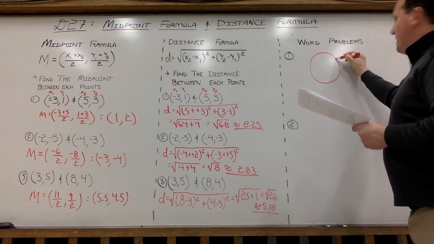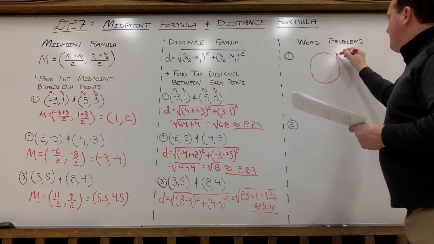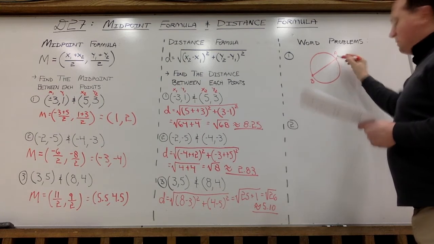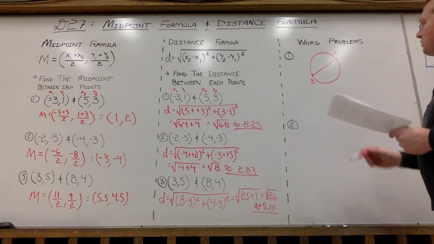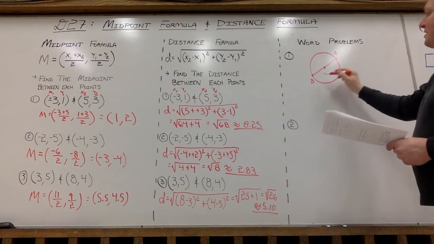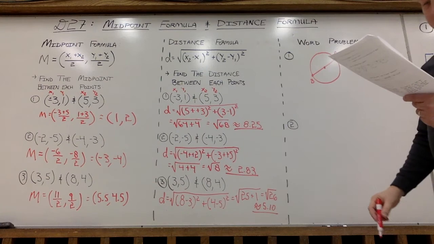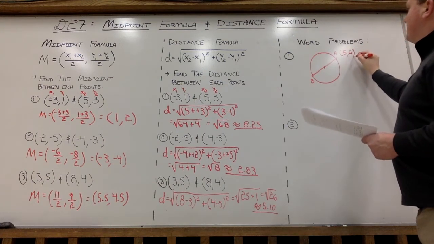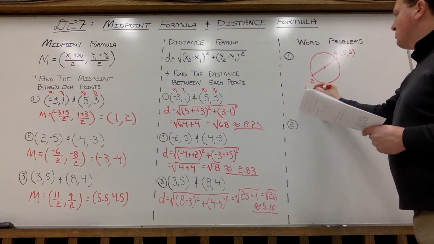So we've got point A, point B, so AB is the diameter of a circle. So diameter, again, is a segment that goes from one end of the circle to the other through the middle. We're told that the coordinates of A are 5, 6. So there's 5, 6, and then point B is -3, -2.